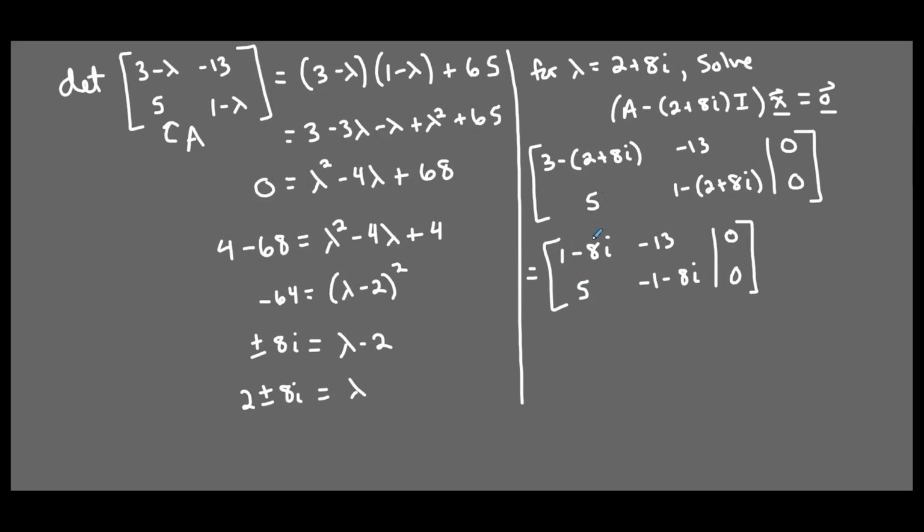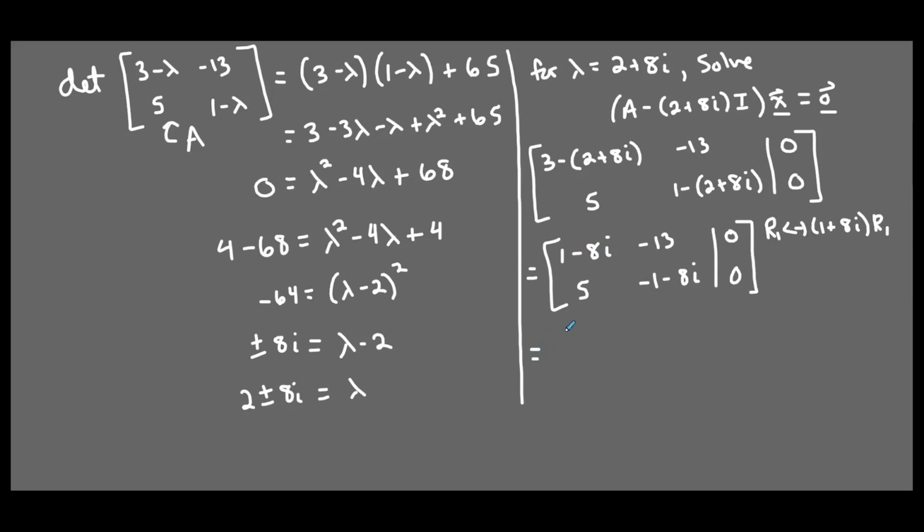So one thing we could do would be to multiply the first row by the complex conjugate of 1 minus 8i. So it would be 1 plus 8i. So we could say replace row 1 with 1 plus 8i times row 1, and that'll make this top left corner a real number that we can use 5 to eliminate maybe.